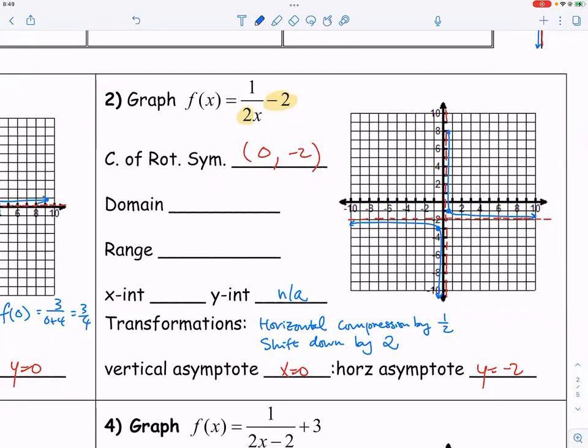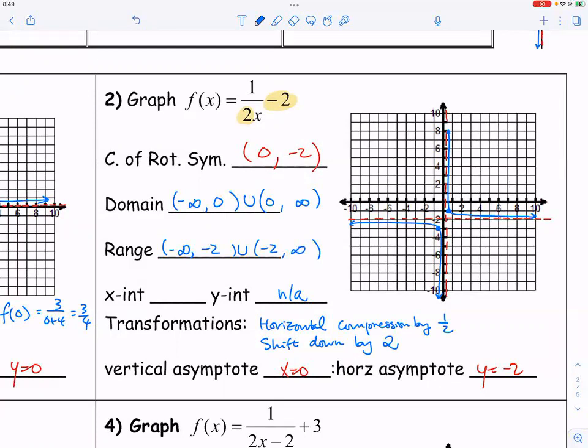So we can go ahead and write down the domain. The domain is anything but 0, just like the restriction. x cannot be 0. And the range in this case would be anything but -2.